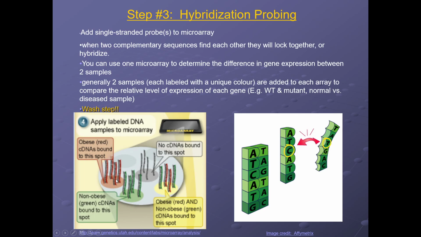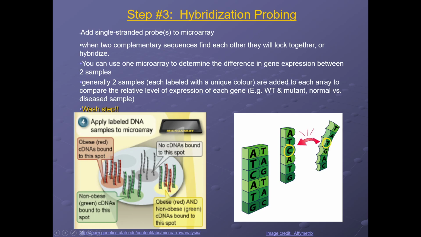And what will happen is at each of these spots, you can kind of see these spots here in this figure, each of these spots carrying unique, identical sequences within the same spot. Sequences of cDNA coming from the gene of interest, and then your single-stranded cDNA, labeled with either the red probe or the green probe, will start looking for the sequences that they are complementary to. So let's say gene number 1 will have the cDNA coming from the tissue sample, whether diseased or control.